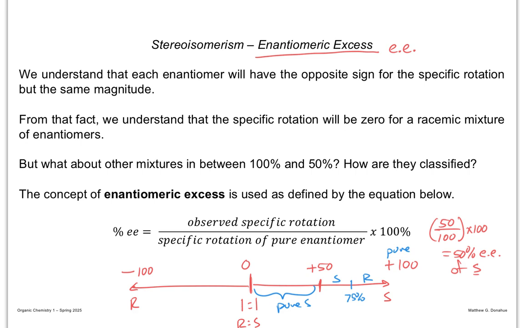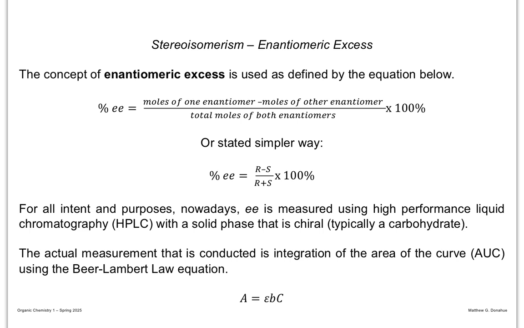To further clarify that, as I said, one way you can measure EE is using the specific rotation. Another way of measuring it, if you have some other instrumental data, is the moles of one enantiomer minus the moles of the other, divided by the total moles of both.